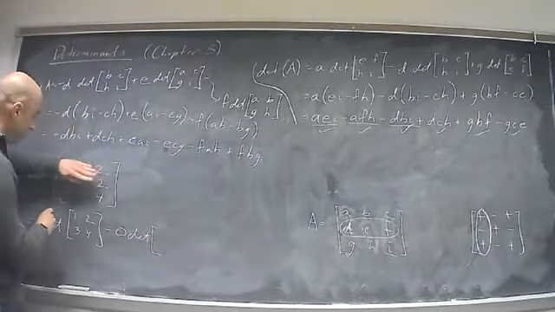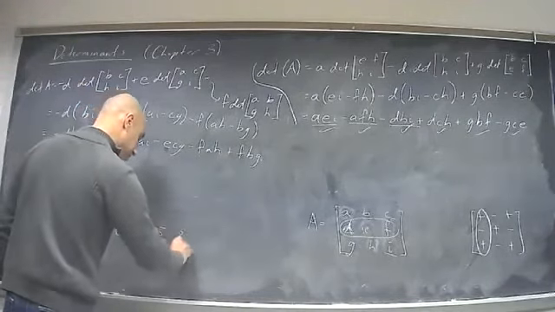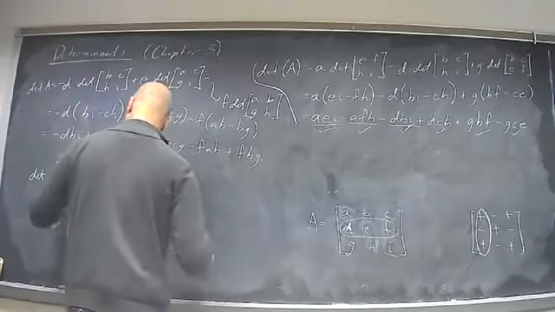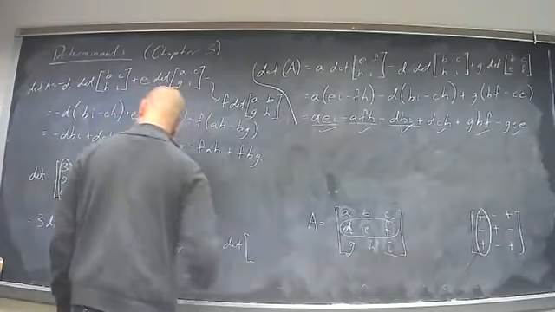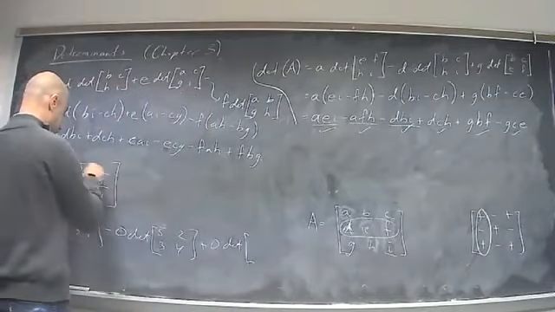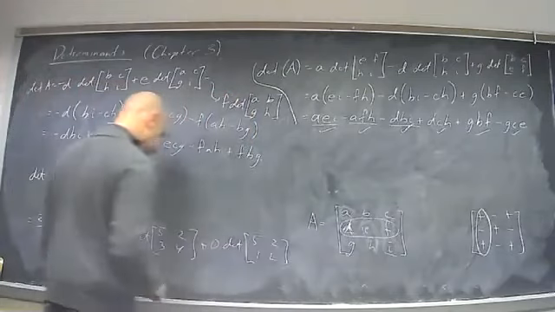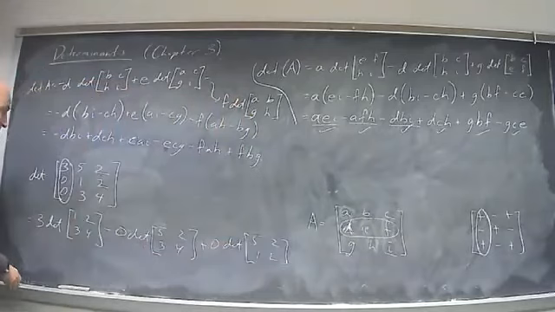But I'll just write it down, 5, 2, 3, 4, plus 0 times the determinant of its cofactor, 5, 2, 1, 2. I don't even have to compute these two because there's just zeros in front of them.